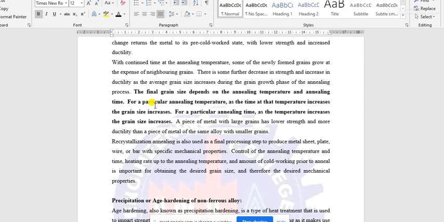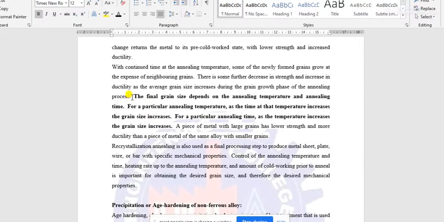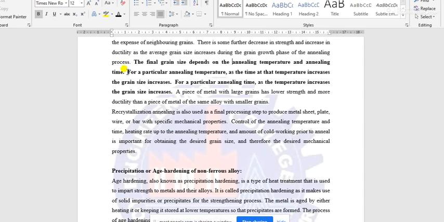Okay, now coming to the effects of recrystallization annealing, the final grain size depends on the annealing temperature and annealing time. These are the most important parameters which affect the result of the recrystallization method. If time is constant, then with the temperature the grain size increases.